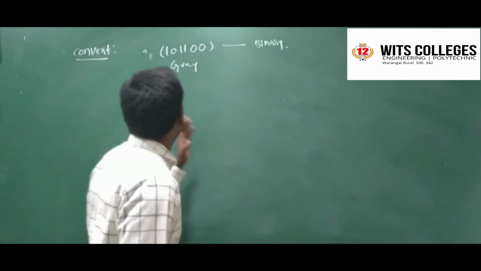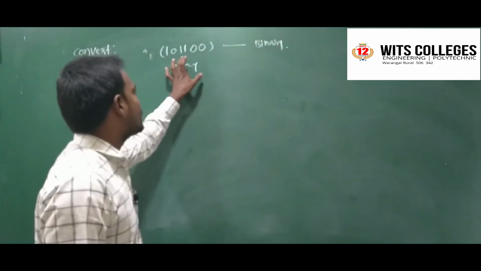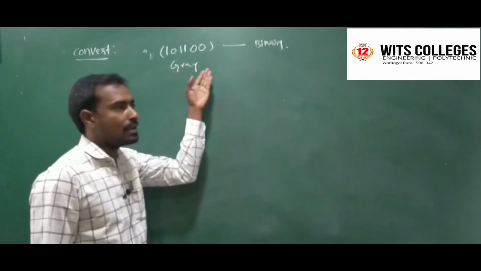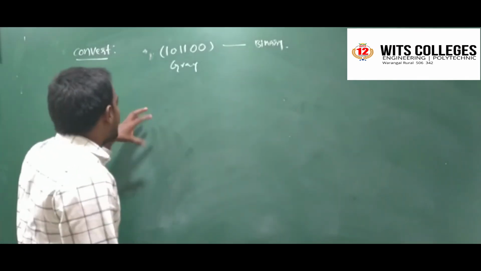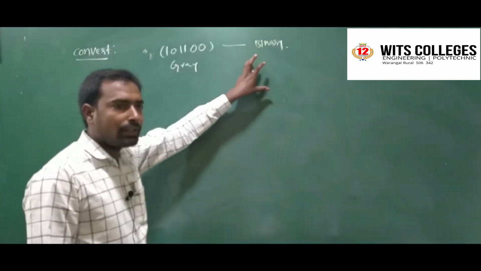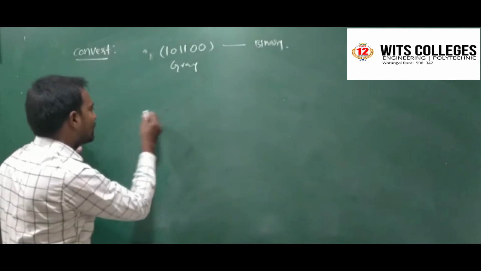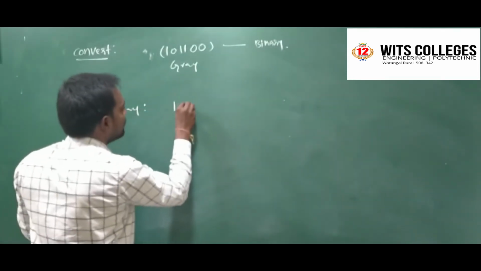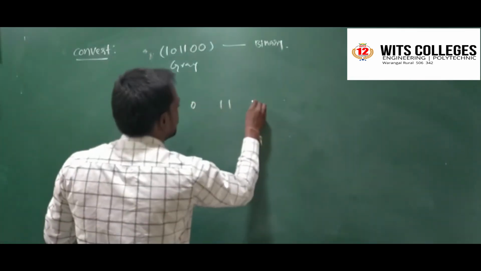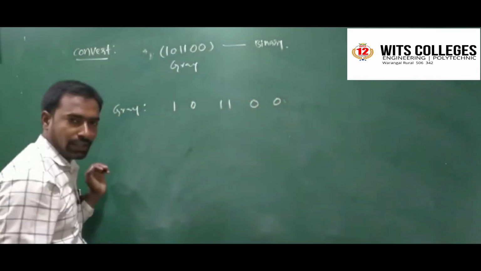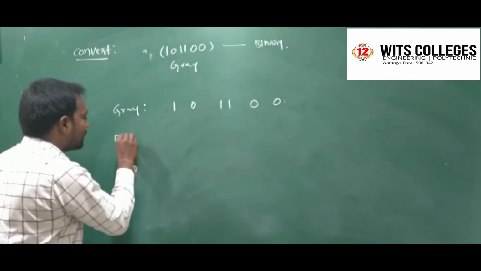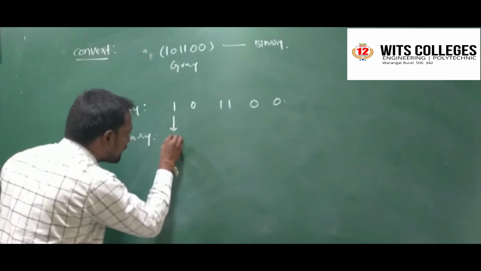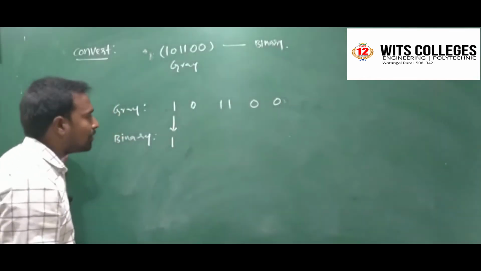Next, convert the Gray code 101100 to binary. When converting Gray to binary, take the Gray code 101100 and the equivalent binary, and take the first 1 as common.